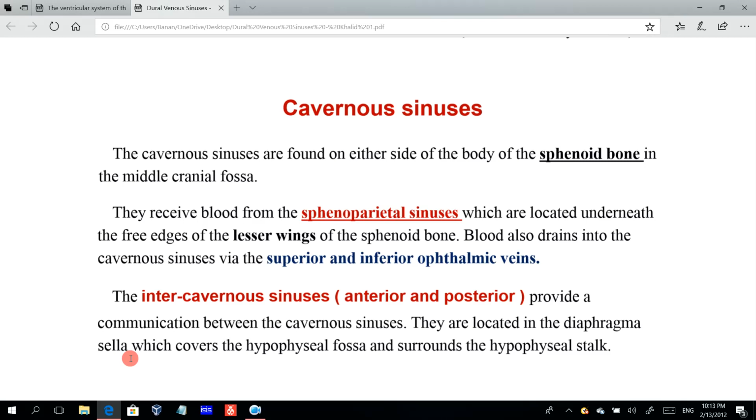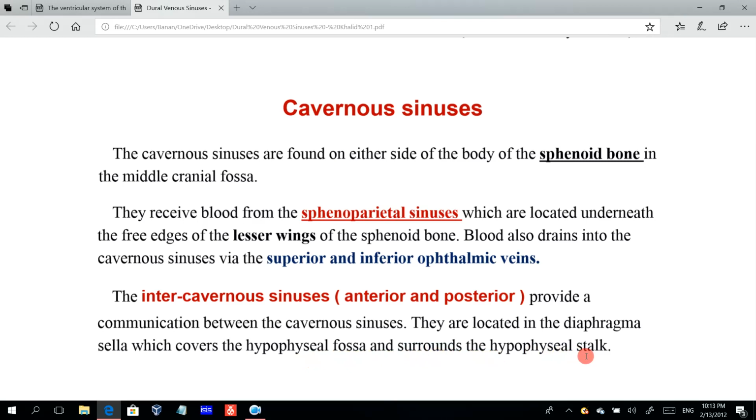So the intercavernous sinuses are located in the diaphragma sellae, which covers the hypophyseal fossa, the sella turcica, and surrounds the stalk of the pituitary gland.